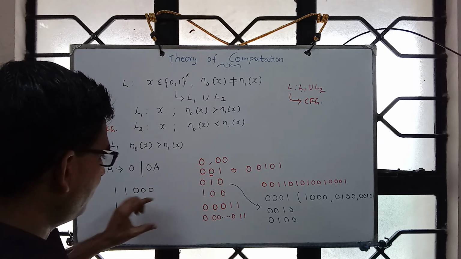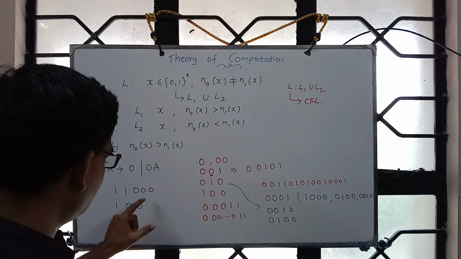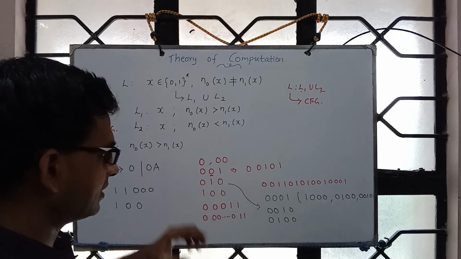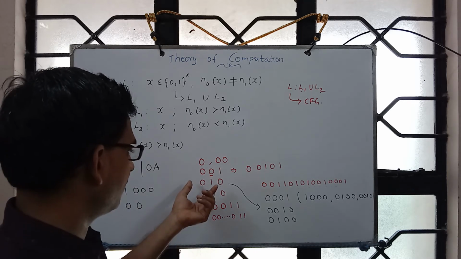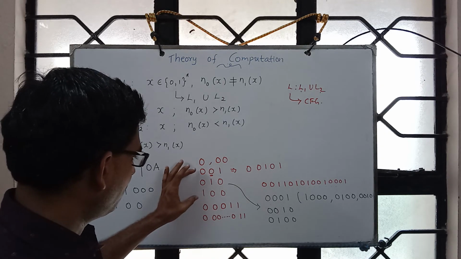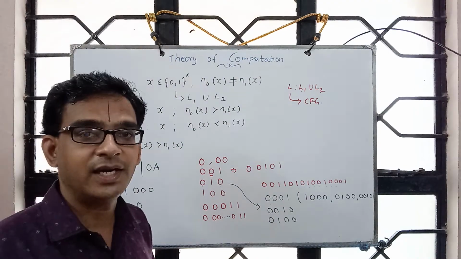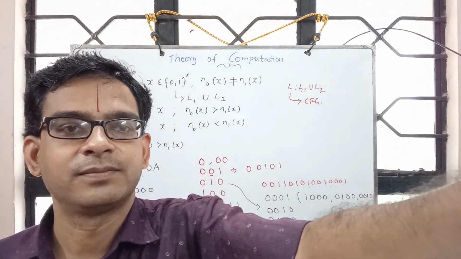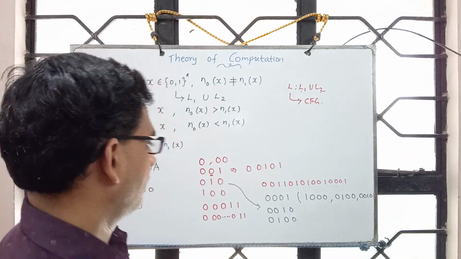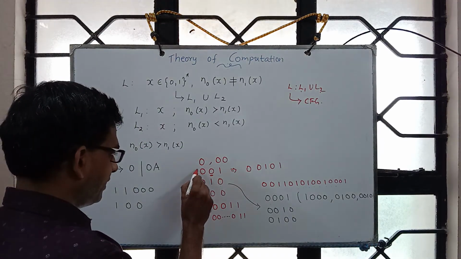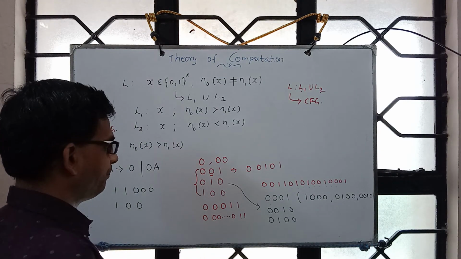Now let's try formalizing this. Now I speak in terms of zeros and ones. Okay, that may not give you the correct picture. Now let's introduce non-terminals so that we get to understand how things work. So let's take this pattern forward.